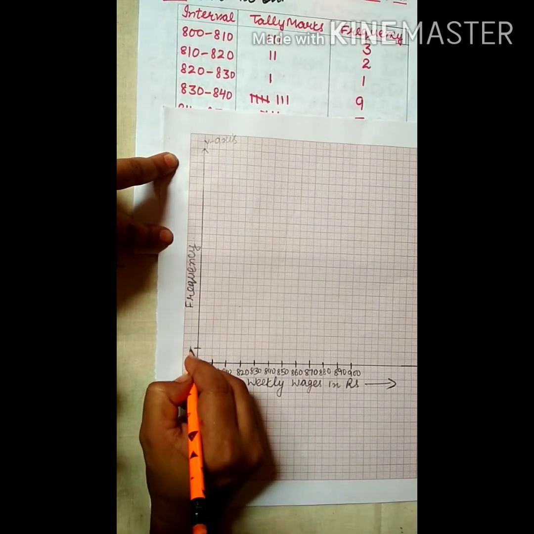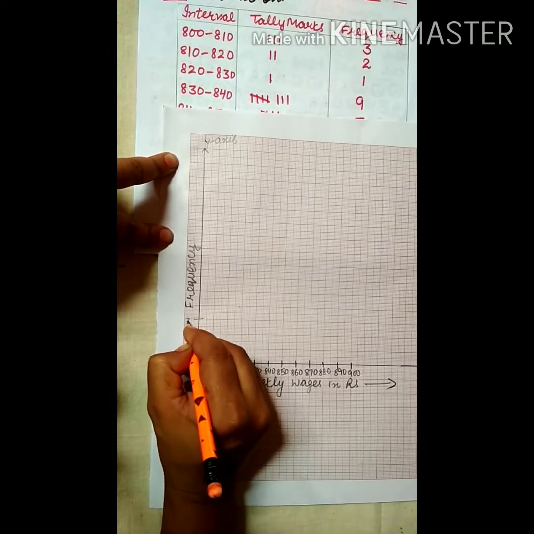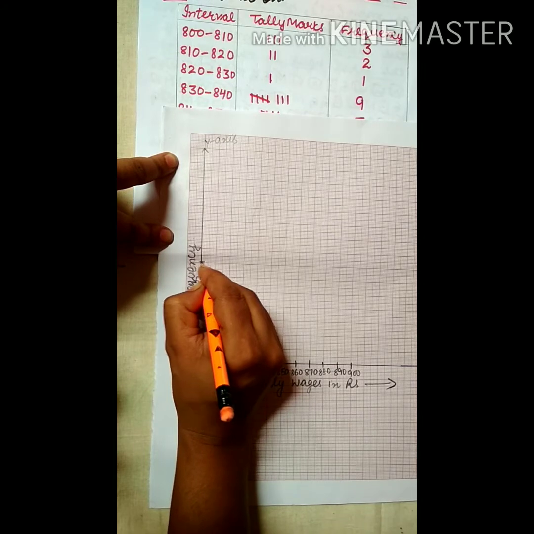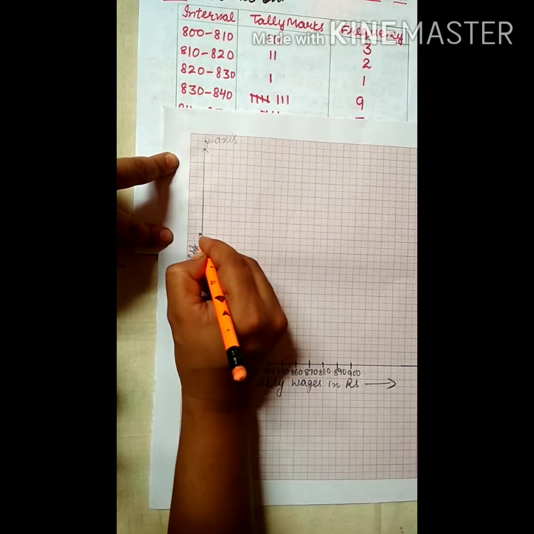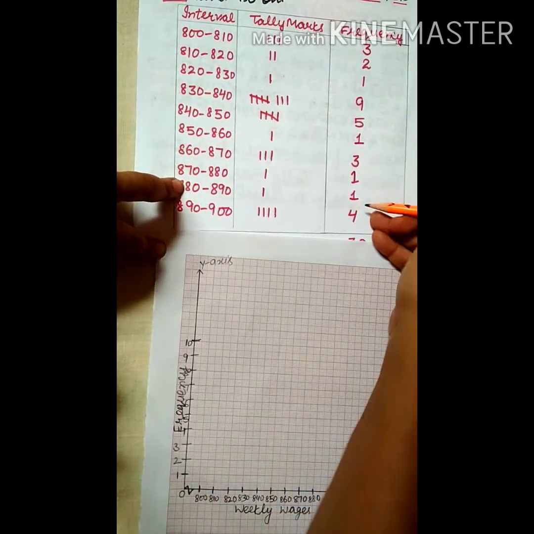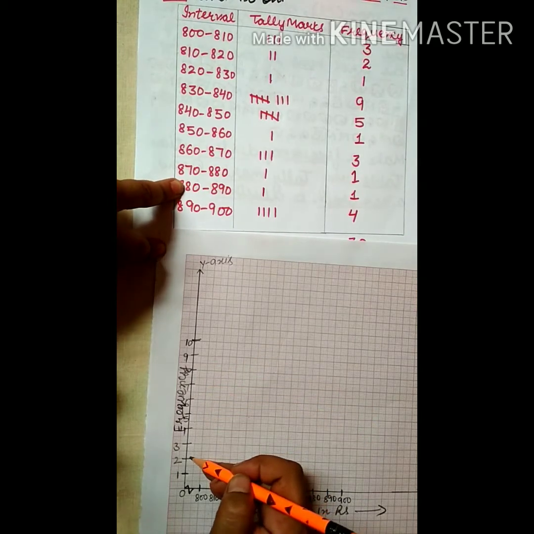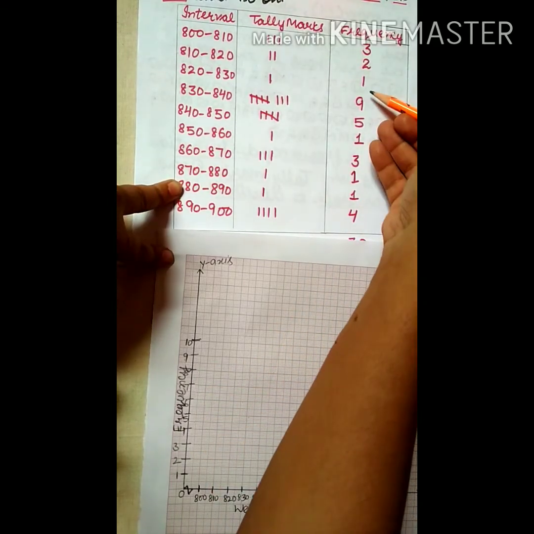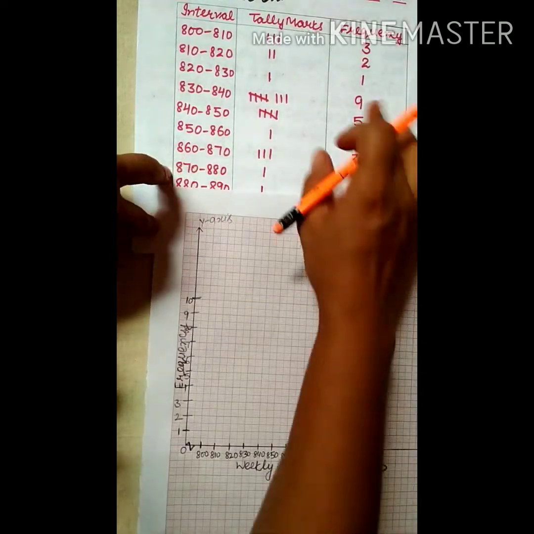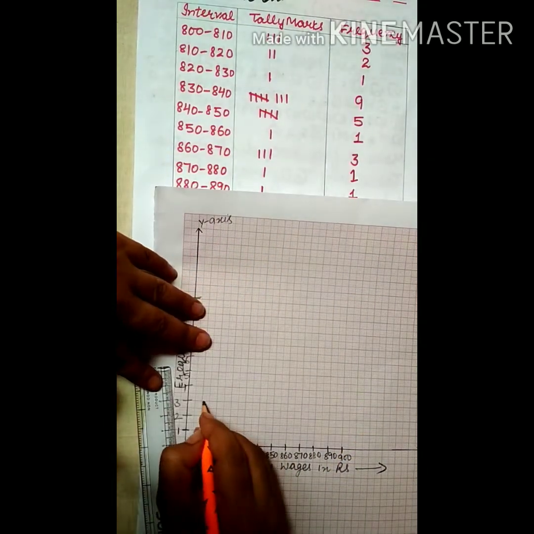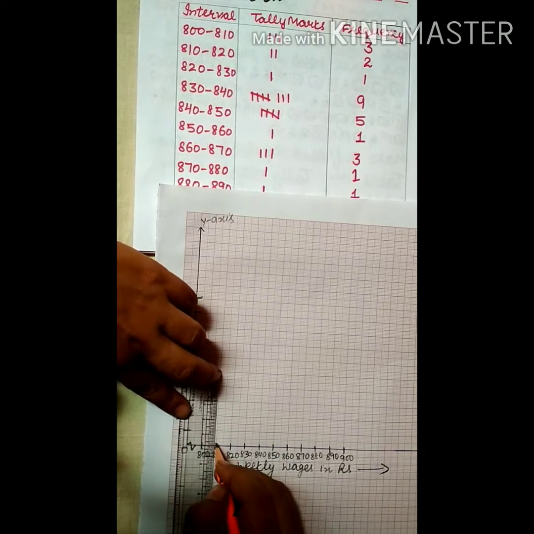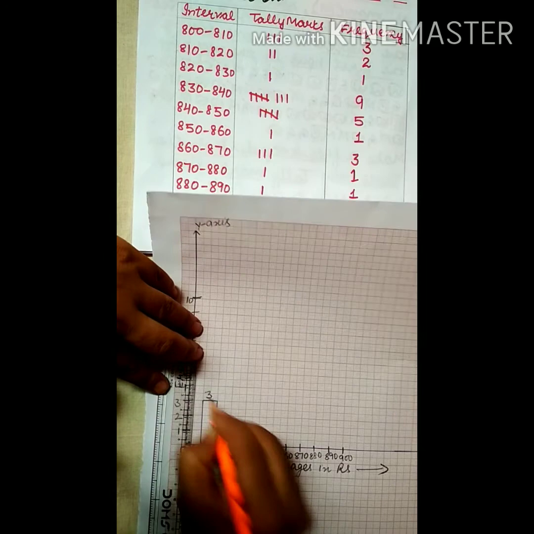I will take the gap of 1: 1, 2, 3, 4, 5, 6, 7, 8, 9, 10. Students, you can see the values are lying from 1 to 9, so I have just taken the gap of 1. So here I will draw up to 3 as this is 800 to 810. There are 3 persons. So I will write here 3.